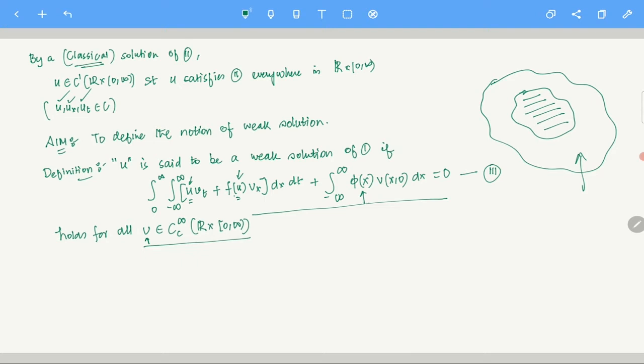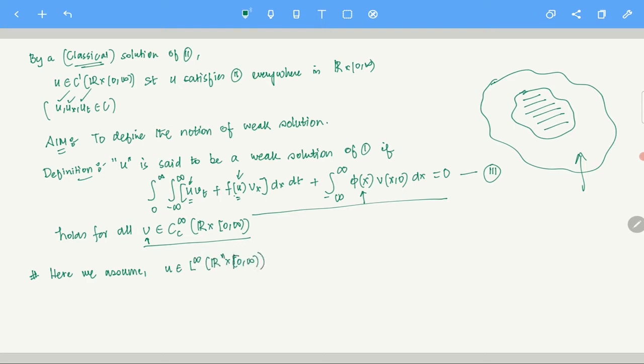To be very fair here, if you ask me what this u is, why are we not putting this u, I will write this u as this. So here is a small remark. We assume u is in L infinity of R^n cross (0, infinity).